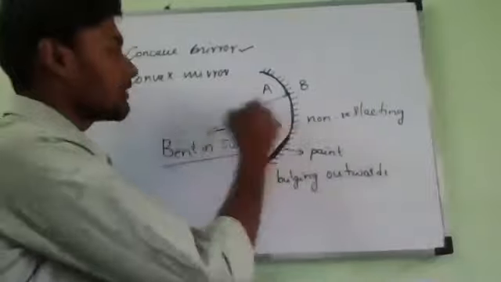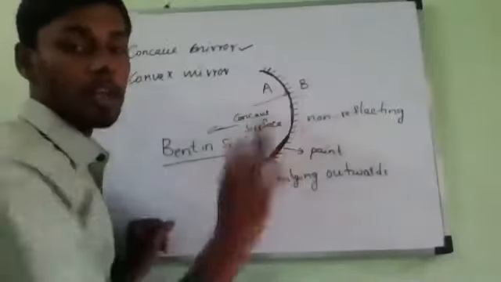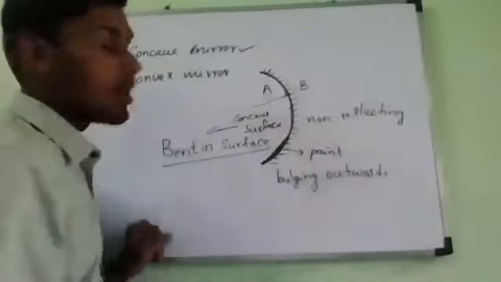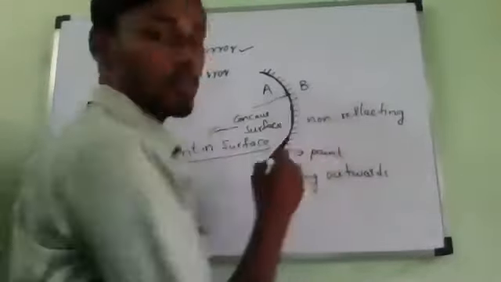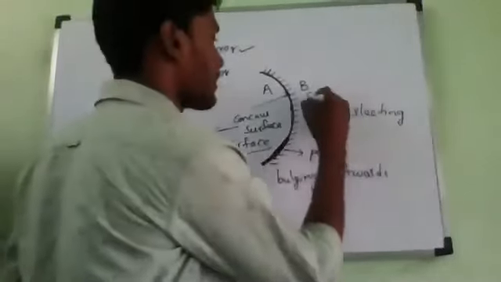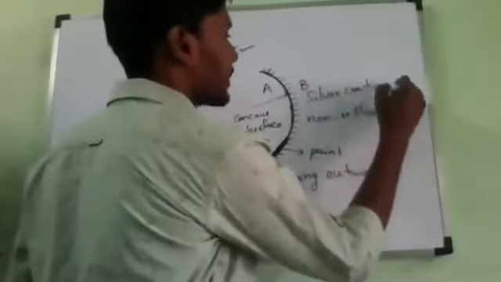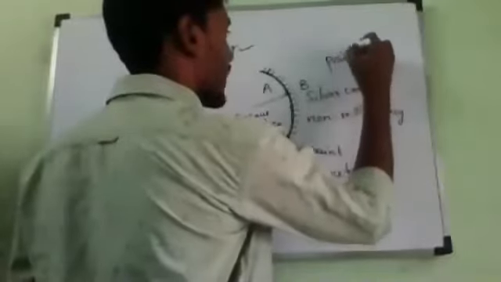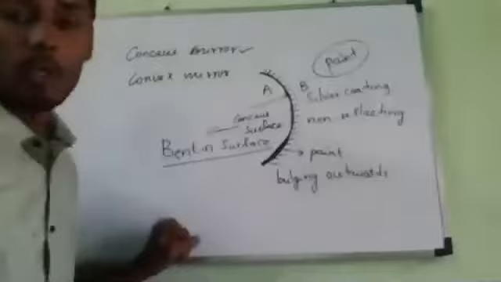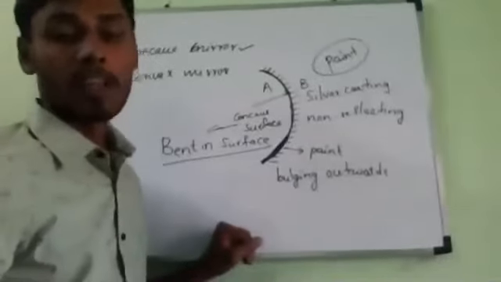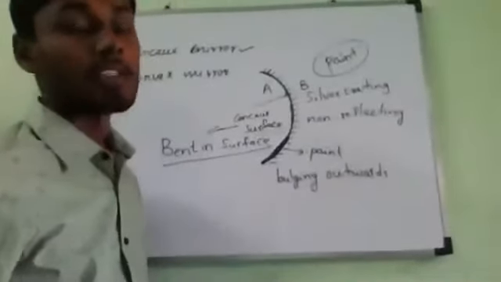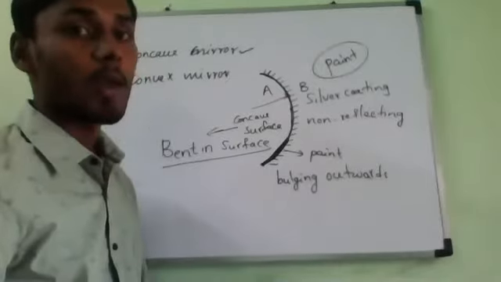From here light will reflect, and from here light will not reflect. These oblique lines basically represent a silver coating, which is again protected with paint, some kind of red paint. First they coat with silver, and above it they protect that silver with a red paint. This kind of thing is called a concave mirror.